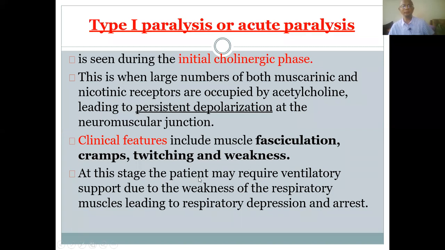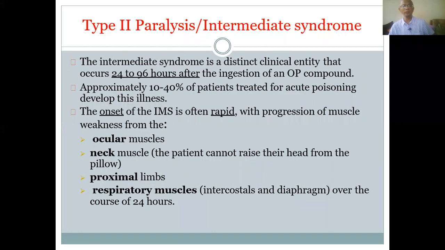At this stage, the patient may require ventilatory support due to weakness of the respiratory muscles, because there may be respiratory depression and even respiratory arrest. So in case of acute paralysis, if there are features, then you can give the patient ventilatory support. You have to monitor closely.